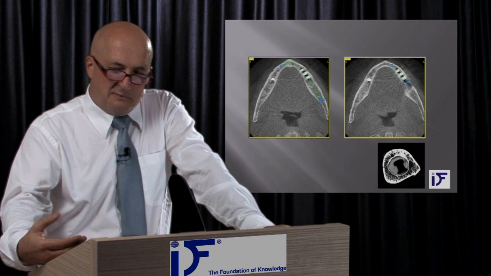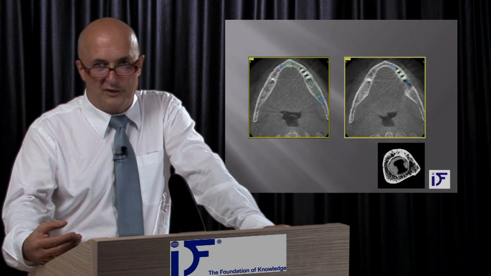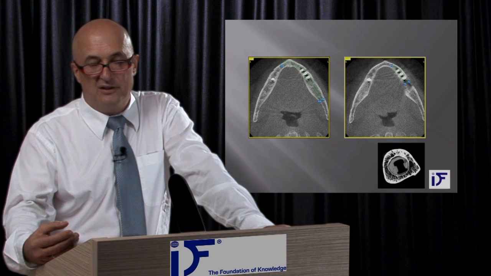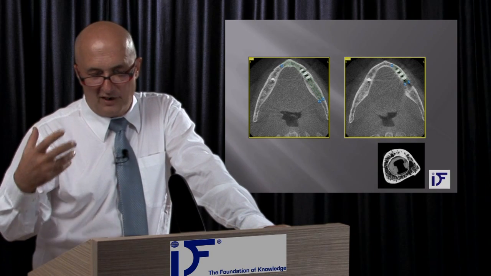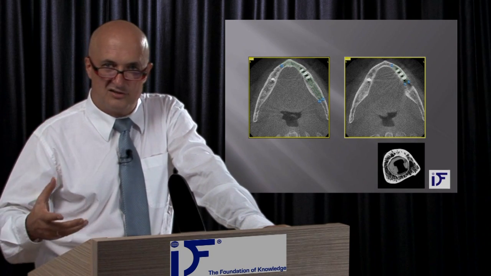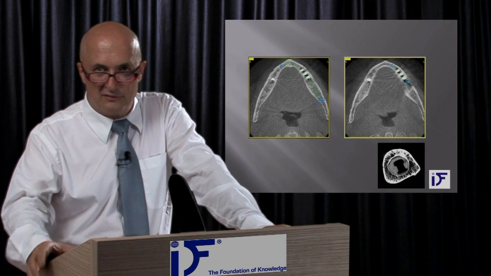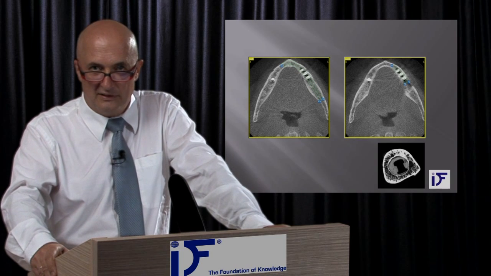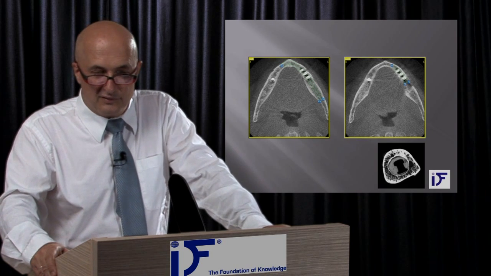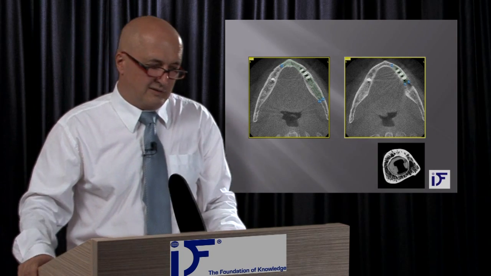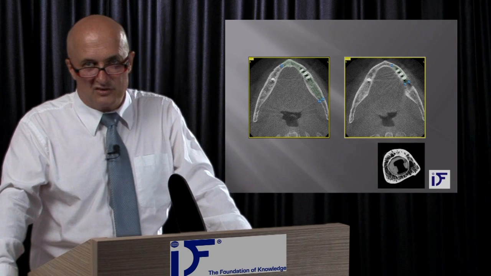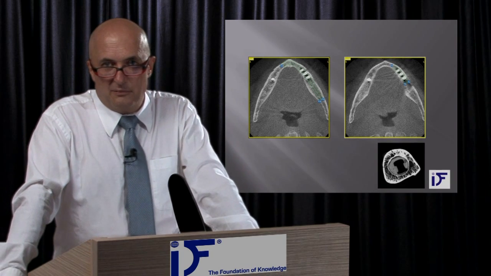The marketing of implant manufacturing companies tells us you need a big surface, and you have to sandblast it, and you have to acid etch it, and you have to increase the surface like mad. But if you look at the picture of these well-integrated implants, you can see you don't even need half of the surface. You don't need sandblasting, you don't need acid etching, because simply these implants are too big.